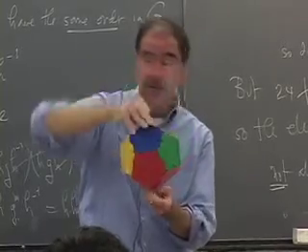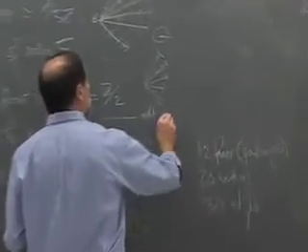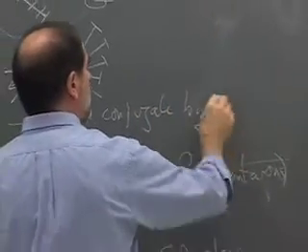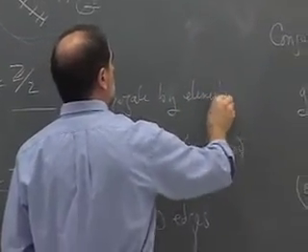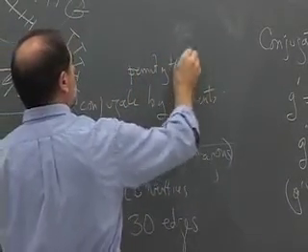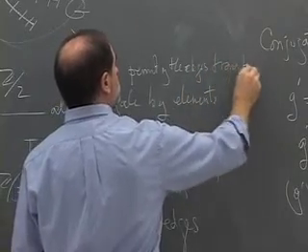You have to check that. So these are all conjugate by elements permuting the edges transitively. I'm going to write that out for you.